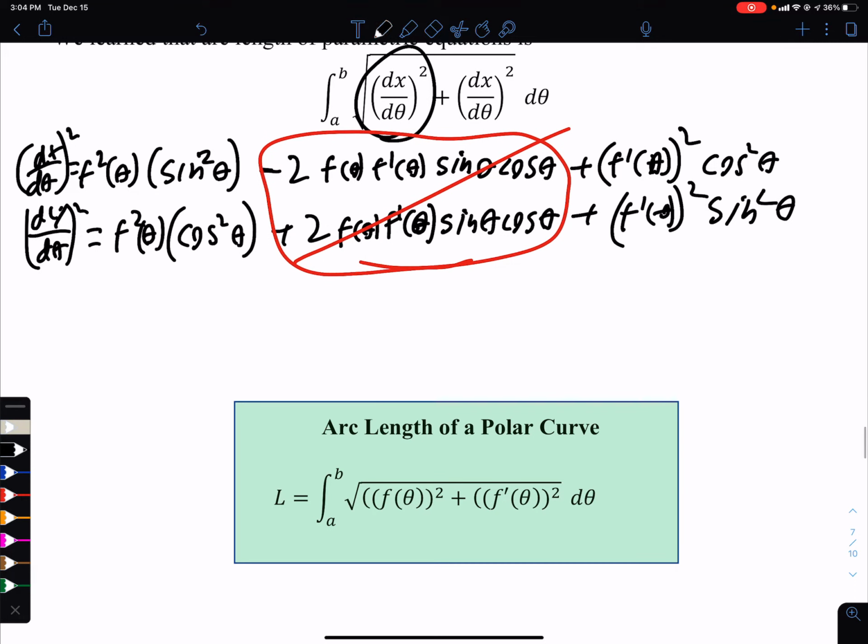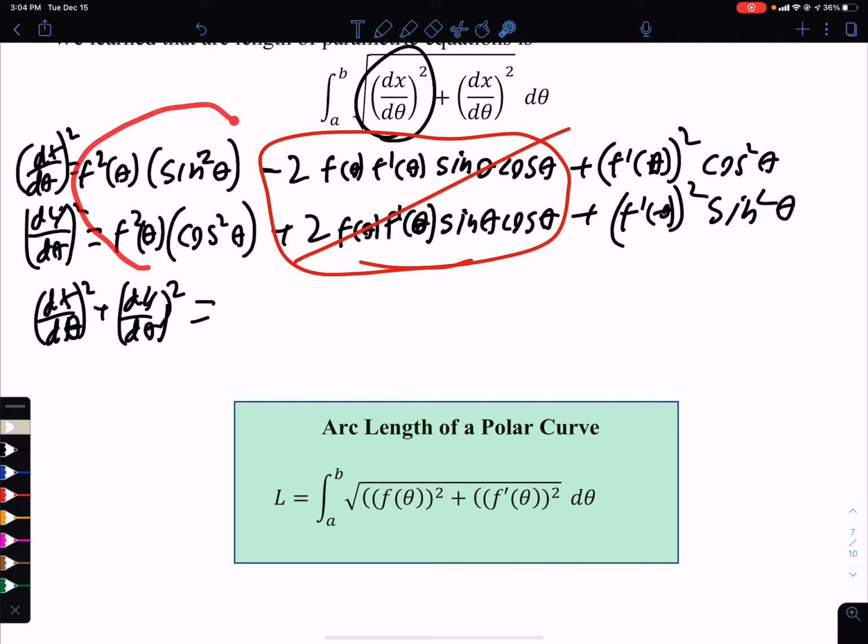And then we end up with this, dx d theta squared plus dy d theta squared equals, so I have this. I'm going to factor out the f squared. So f of theta squared, it's going to leave me with a sine squared plus cosine squared.